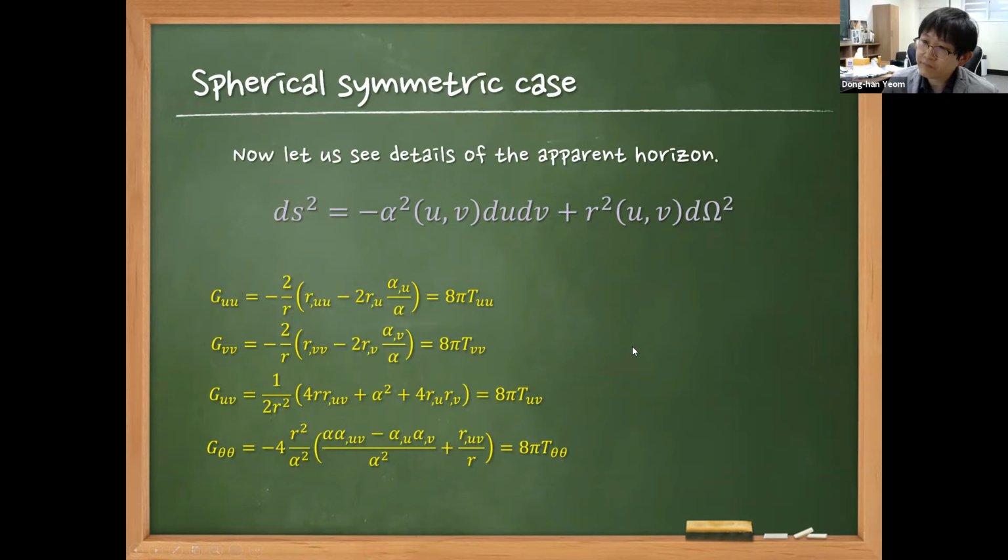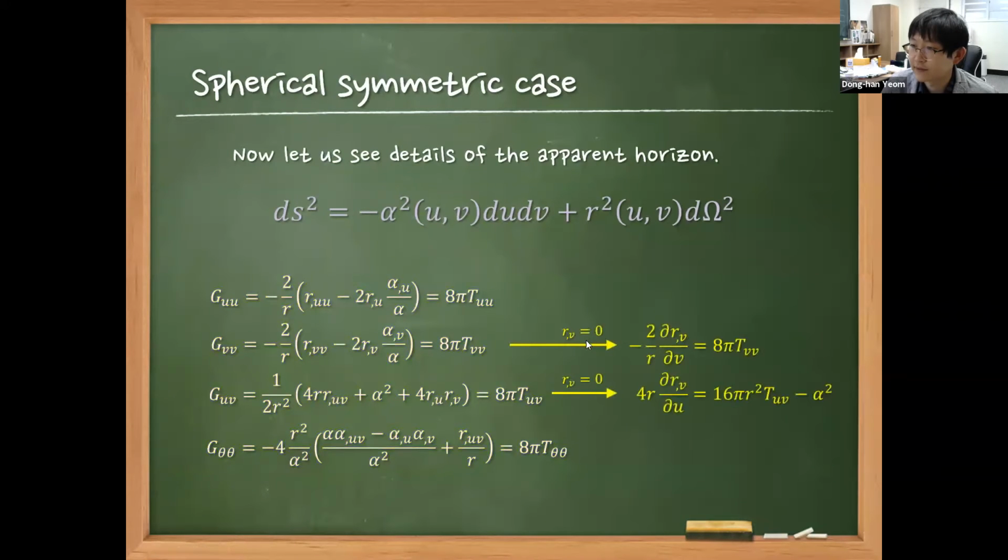So now let's impose the condition for the apparent horizon, the R comma V equals 0 condition. Then you can simplify the second equation to this form, and the third equation to this form. I think all the mathematical details are in my previous review paper, and you can easily find many references for writing down the equations in double null coordinates.